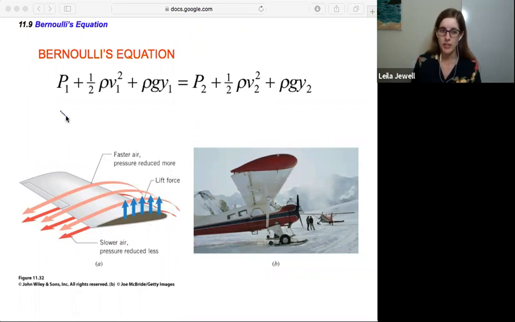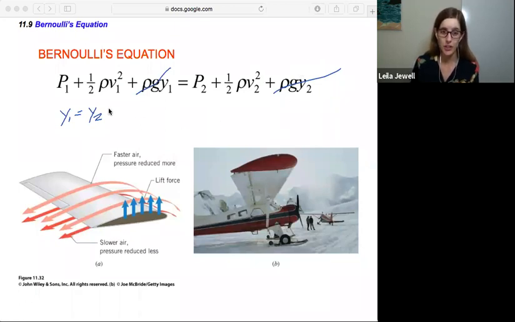The heights here are about the same. So we could look at the case that y1 is about equal to y2. And in that case, these two terms go away. All that we have is the pressure and the velocity. And the velocity is already set. So really Bernoulli's equation tells us a lot about the pressure.